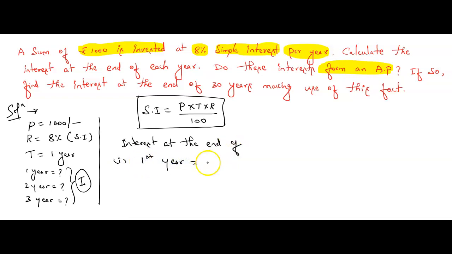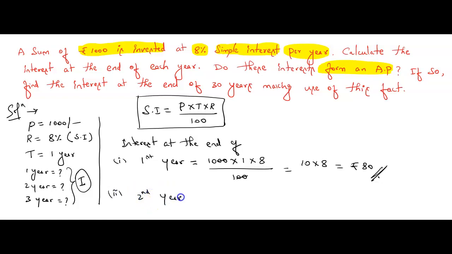What is the principal amount? 1000. Time 1 year. Rate of interest 8 by 100. These 2 zeros and these 2 zeros get cancelled. What is the left out part? 10 into 1 into 8. 10 into 8 is rupees 80. So the interest at the end of the first year is rupees 80.